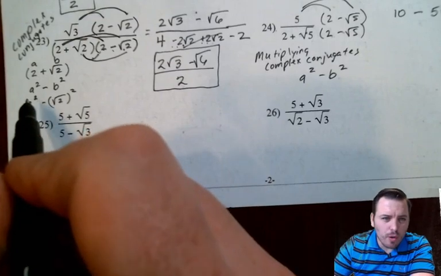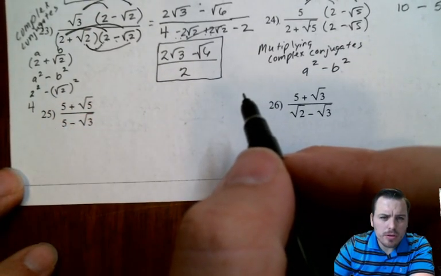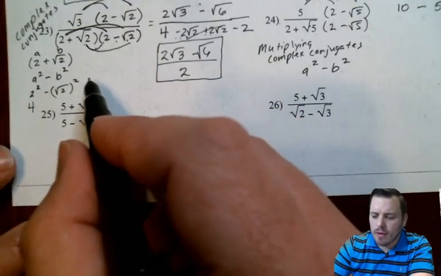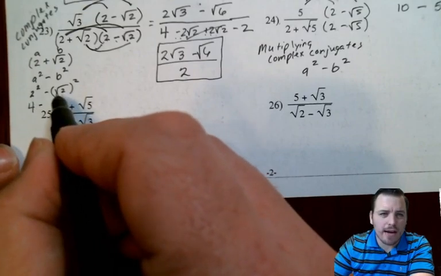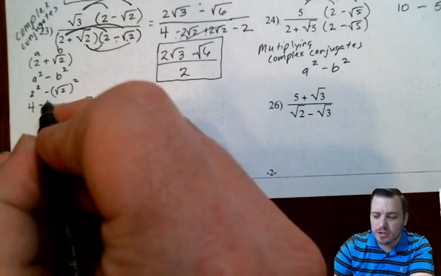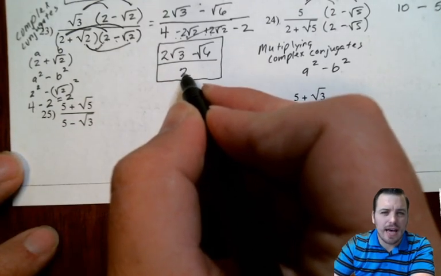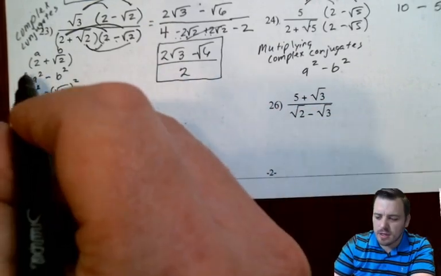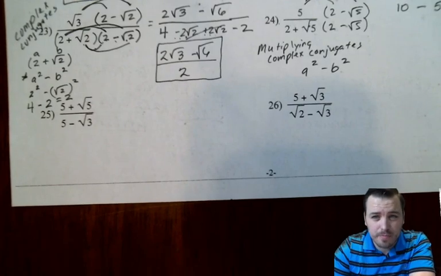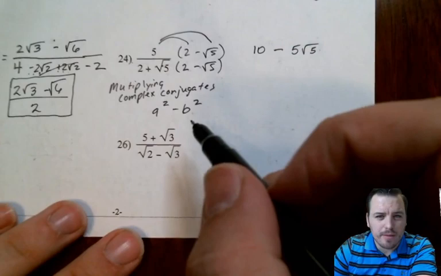Well, 2 squared is 4. And 4 minus radical 2 squared is radical 2 times radical 2, which we just found out to be 2. So 4 minus 2 is 2. So that shows that this works. This little formula right here, to me, it's much easier than FOILing. Okay? So that's a little shortcut when you're using complex conjugates, a squared minus b squared.